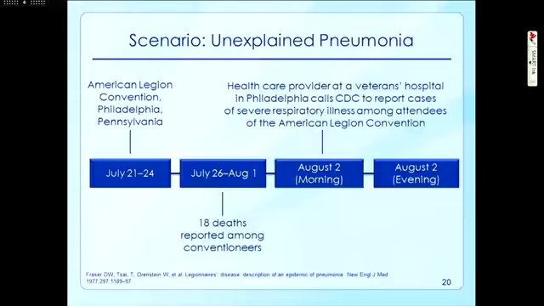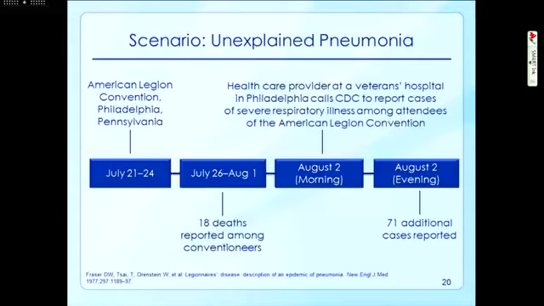On the morning of August 2nd, a nurse at a veterans hospital in Philadelphia called CDC to report cases of severe respiratory illness among the convention attendees. Subsequent conversations that same day with public health officials uncovered an additional 71 cases among persons who had attended the conference.